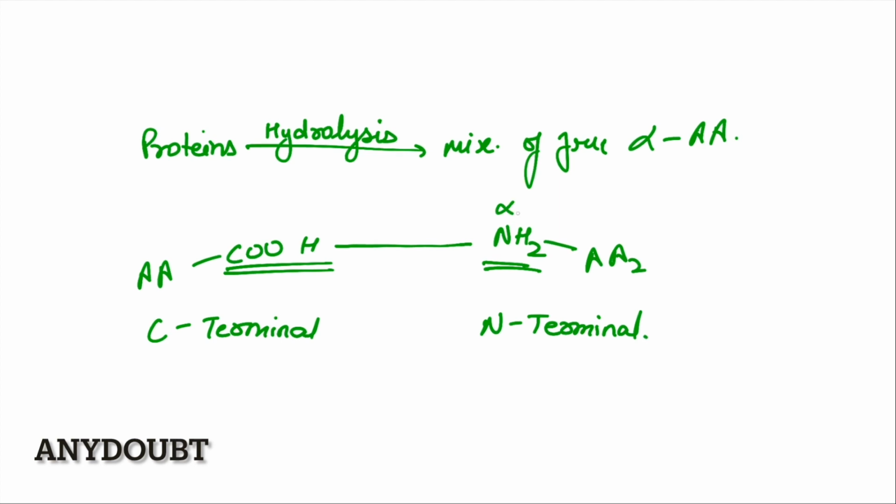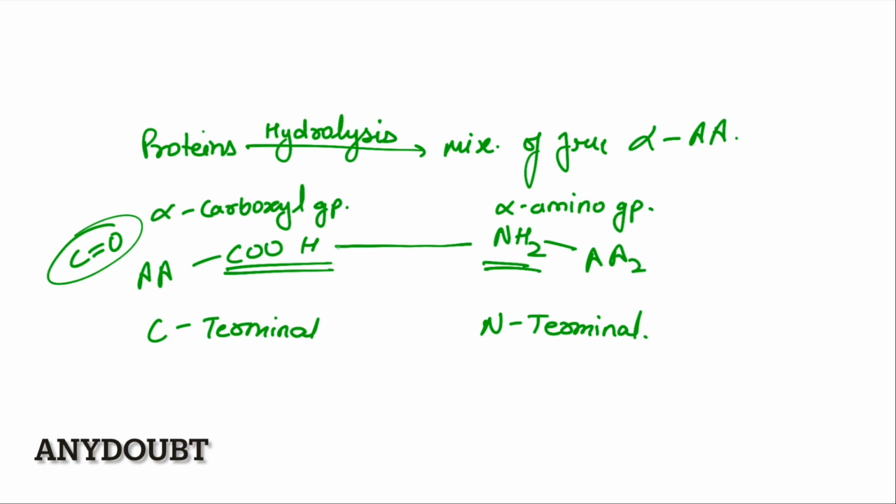This one is known as the alpha amino group, and this is known as the alpha carboxyl group. The alpha carboxyl group contains a C-O bond. This C-O bond takes part in the formation, not the double bond O, the C single bond OH. So this H is removed, and this valency of O becomes free, and this valency later makes a bond with NH2. Here also H is removed.